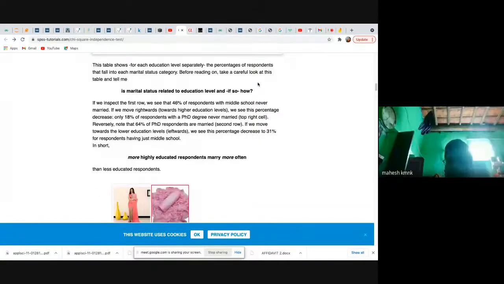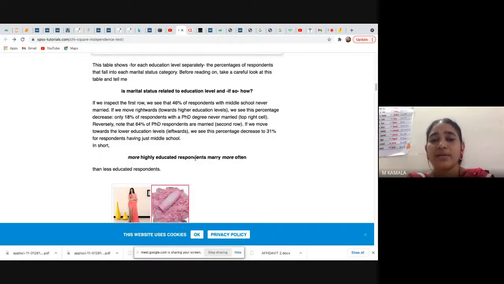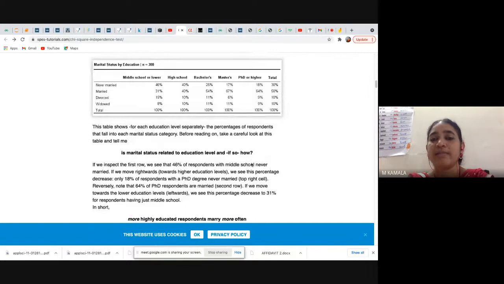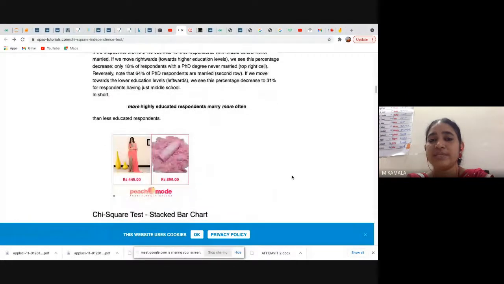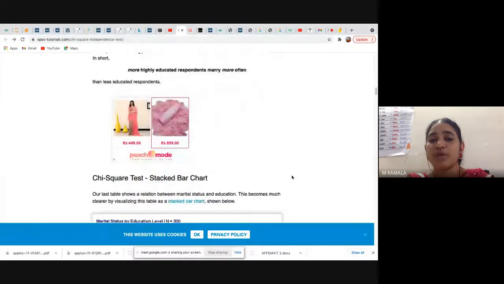So the statement here is, more highly educated respondents marry. ఎందుకు అంటే వాళ్ళు హైయర్ దాంట్లోకి వచ్చేసరికి 67-64 ఉన్నారు. వేరేజ్ నెవర్ మ్యారీడ్ హైయర్ ఎడ్యుకేషన్కి వచ్చేసరికి 17-18 ఉన్నారు. సో సింపుల్ స్టేట్మెంట్స్. విత్ దిస్ స్టేట్మెంట్ వీ విల్ మూవ్ ఫార్వర్డ్.